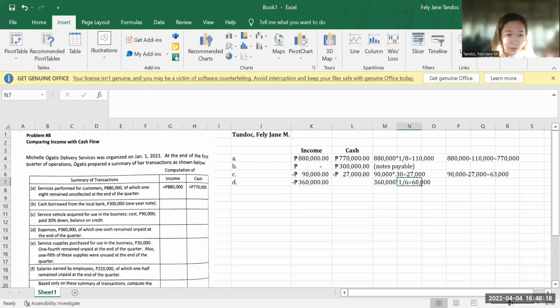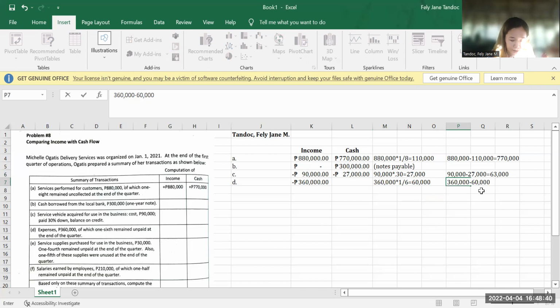This is the 1/6 that is not yet paid. So to get the cash amount, I subtract the unpaid 60,000 from the total expense, for 300,000. That goes in the cash, which I also subtract because it has been paid.